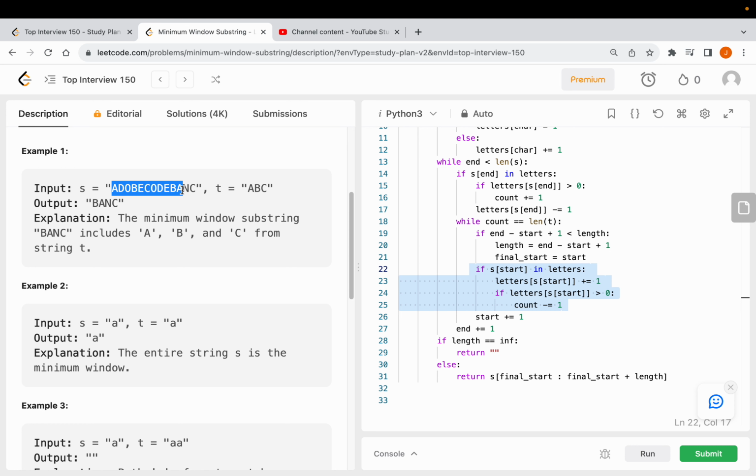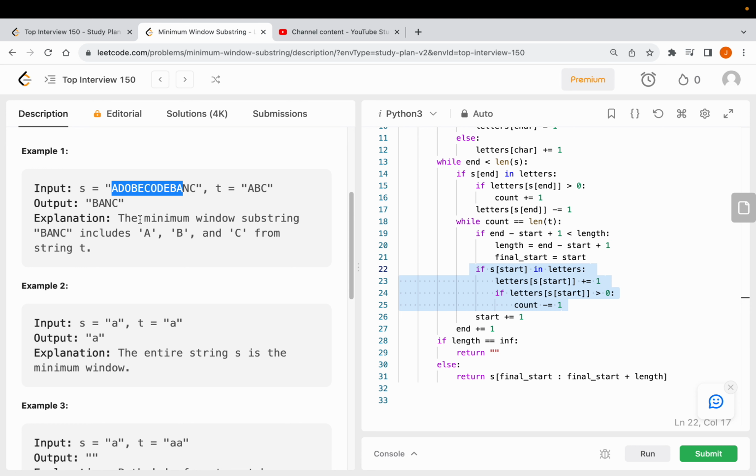Now we have A, B, C, which already satisfies T, so we don't need the A, D, O, B, E, and I removed them from the left-hand side. That was my intuitive solution, which is not as efficient, but it was more intuitive to me.